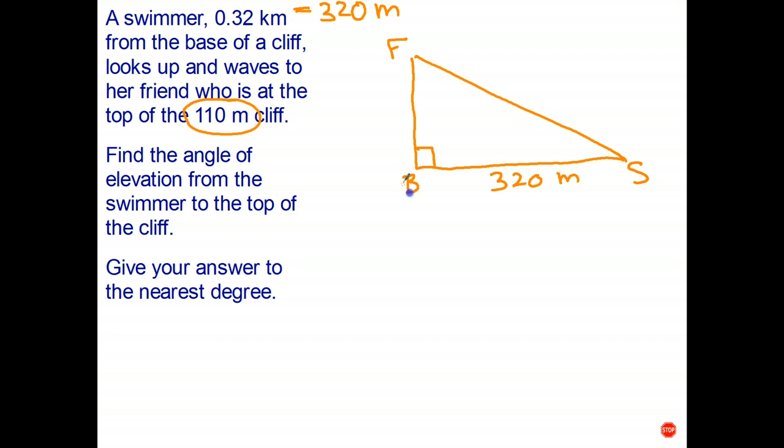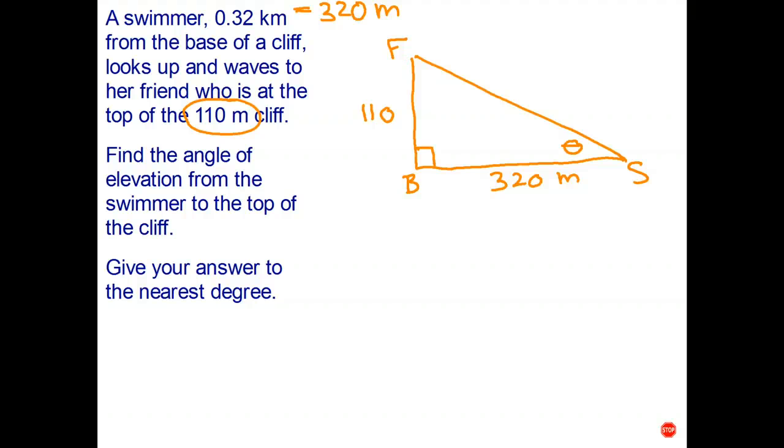So I'll put B there for the base of the cliff. And we know that the cliff is 110 meters high. And we're trying to find the angle of elevation from the swimmer to her friend. Okay, so carefully reading the question, that's the mathematical diagram.